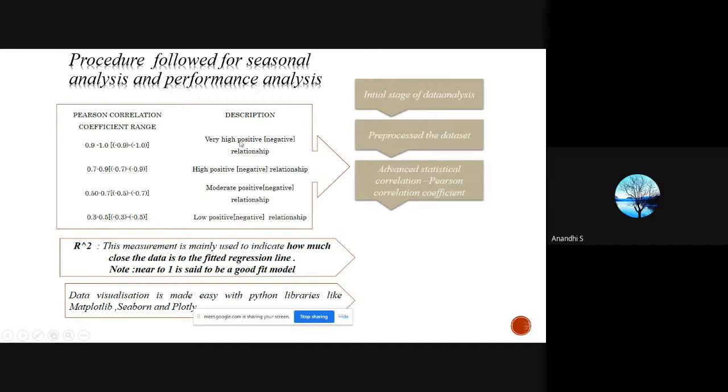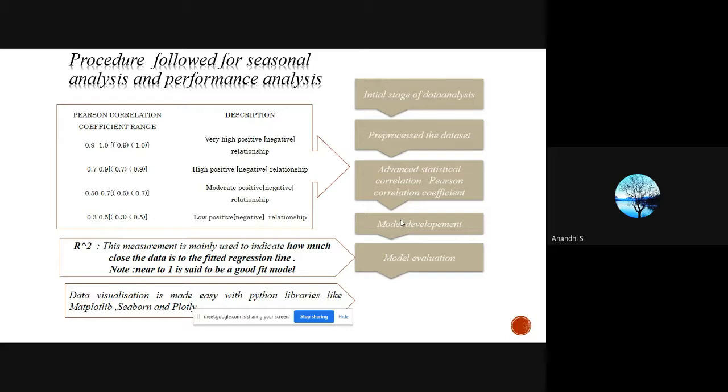If it is in minus, a very high negative correlation. Using this analysis only, I have chosen the predictor variables for further analysis, and this is the range of values. And I have developed the three different models seen in the earlier slides, and then model evaluation.